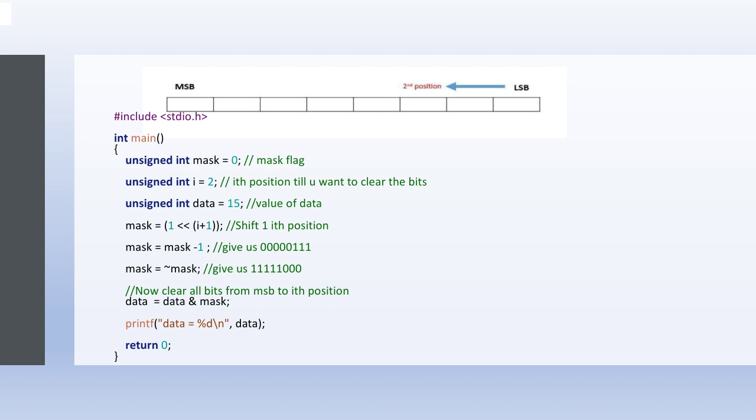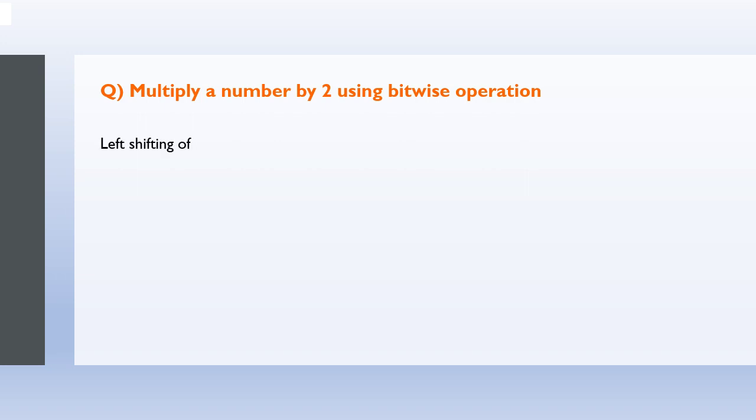So the next frequently asked and most important question is to multiply a number by 2 using a bitwise operator. It's simple. Left shifting data by 1 is equivalent to multiplying the data by 2. Every bit is a power of 2. That is what the binary concept is all about, right?